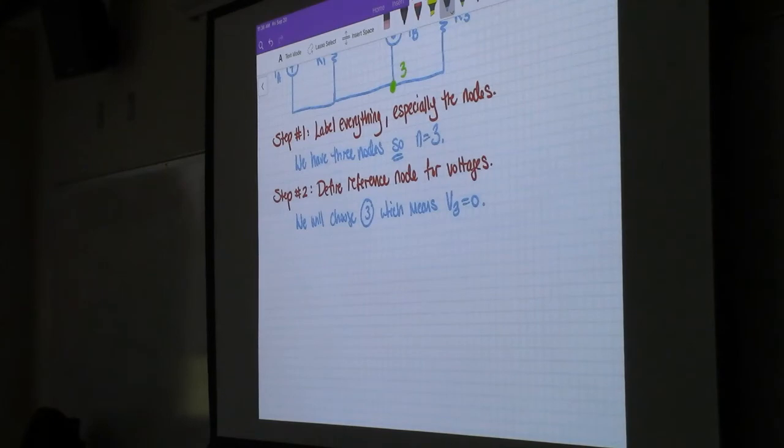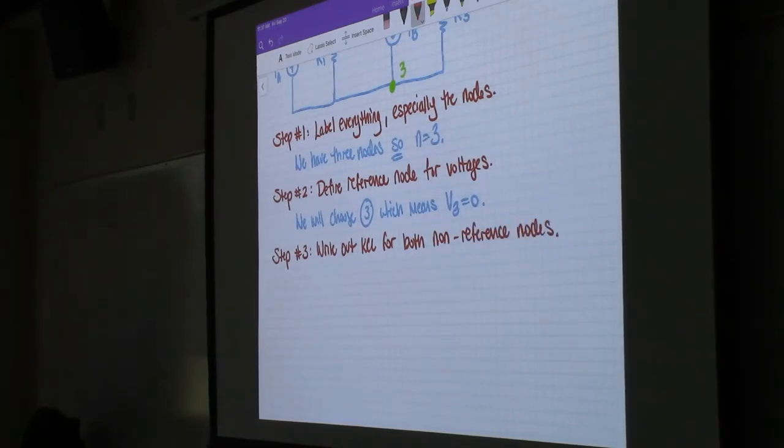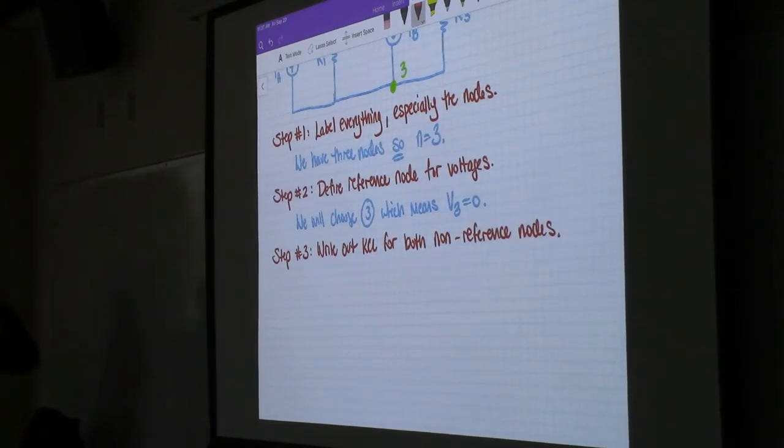Next, write out KCL for both non-reference nodes.